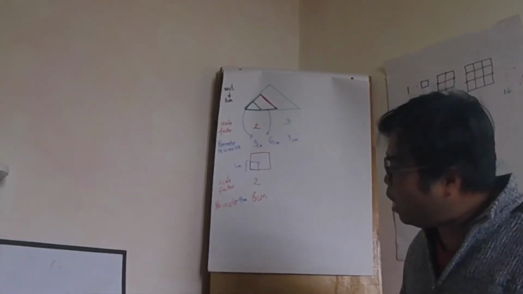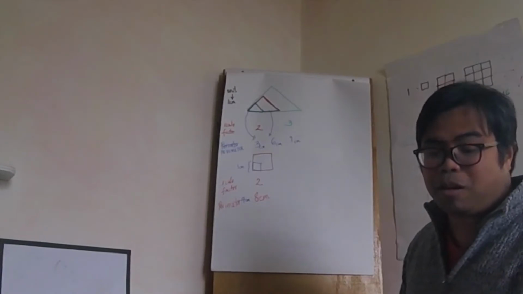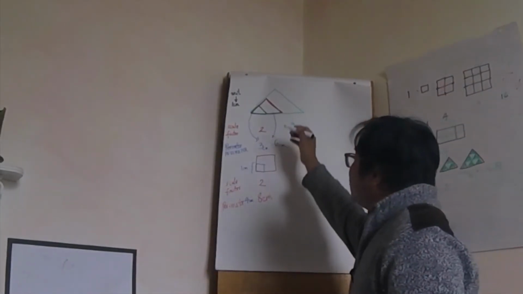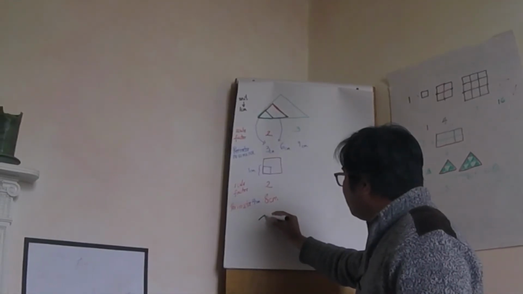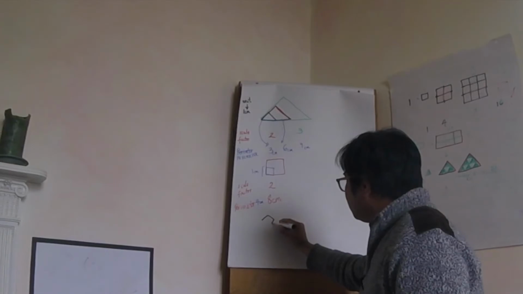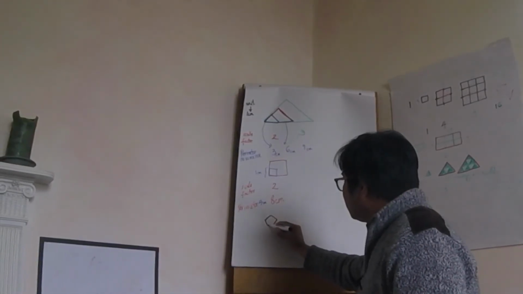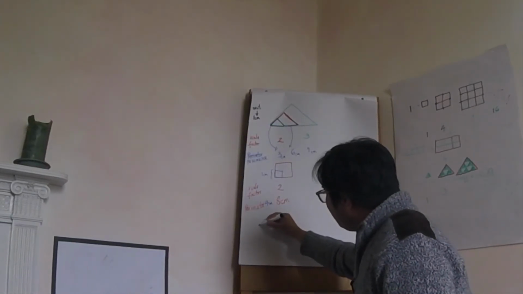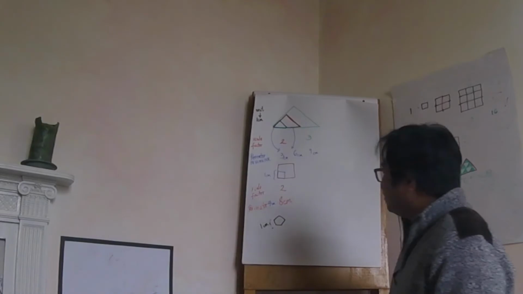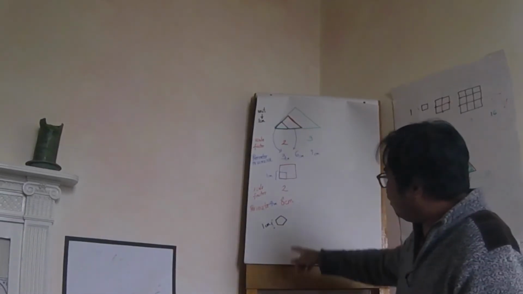Next, now we go to pentagon. Right? Triangle, square, pentagon. Now each side of this would be 1 centimeter. If I enlarge this pentagon with a scale factor of 2, what is the perimeter? So I'll double this. 10?